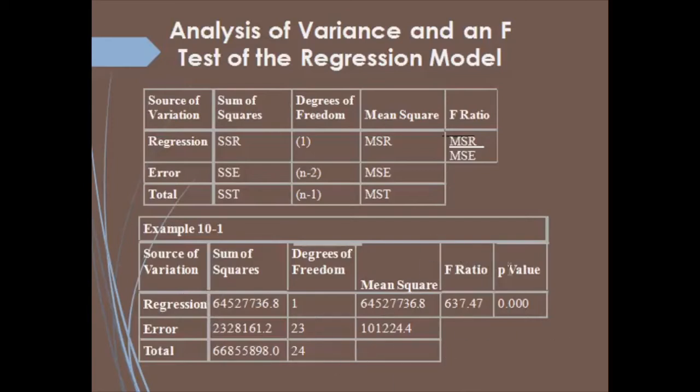So we get the F ratio, and the p-value is 0. This is how to analyze it, and we will compare the F ratio with the F table, using the degrees of freedom n minus 2. Okay, that's all about the hypothesis, the correlation, and the analysis of the regression model.